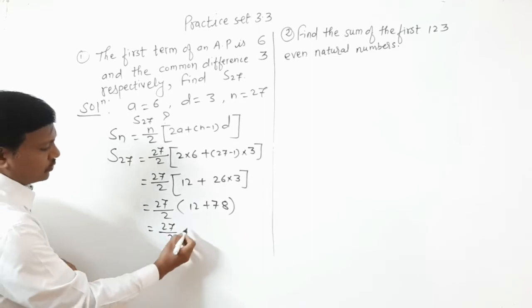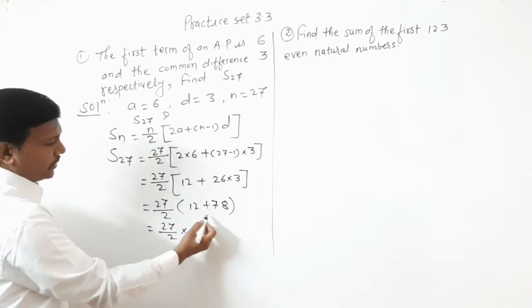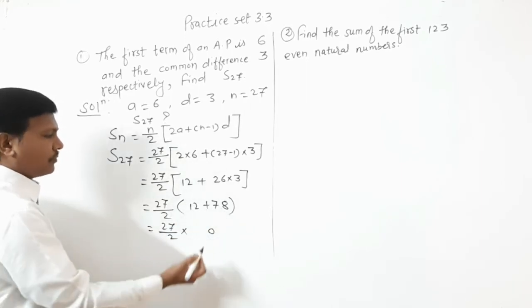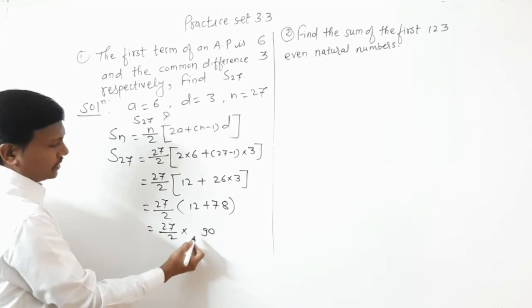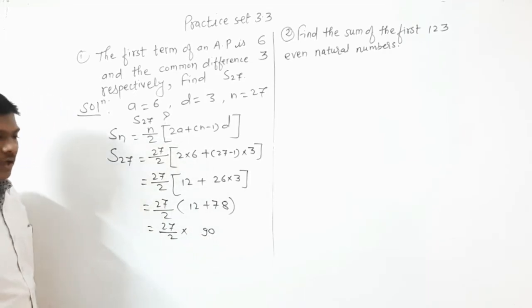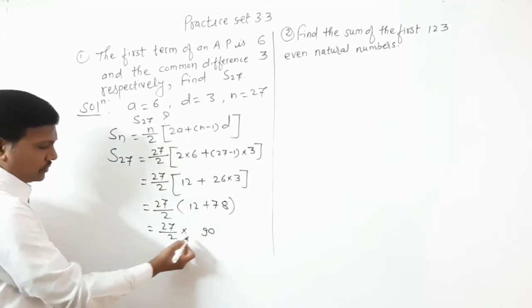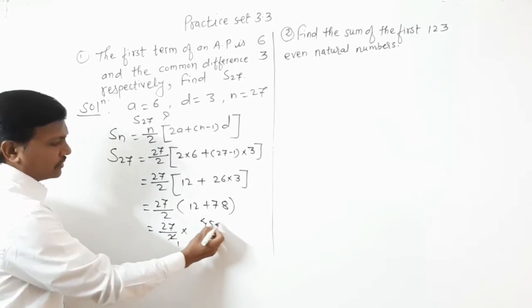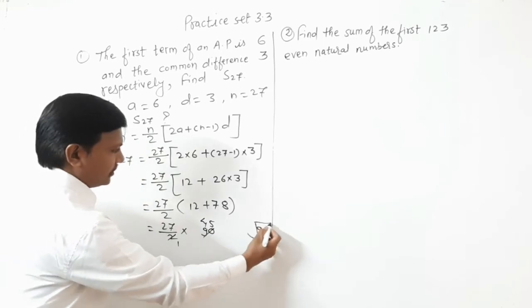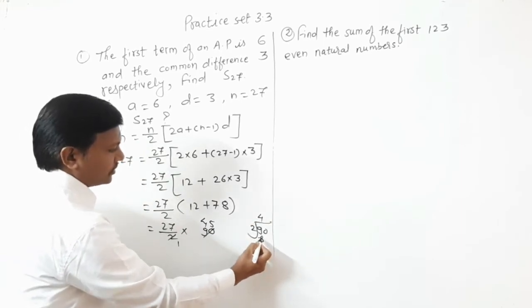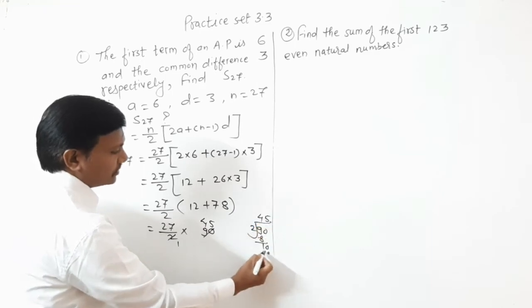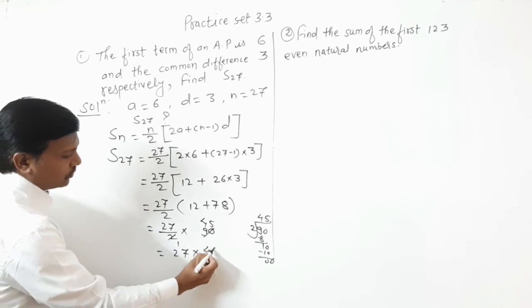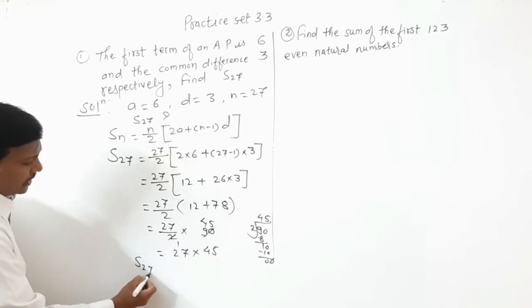So 27 upon 2 into, when you add 12 and the other number, 2 plus 8 is 10, 7 plus 1 is 8, and 1, that is 9, so this is 90. When you divide 90 by 2, we get 45. So here 27 into 45 gives the answer.